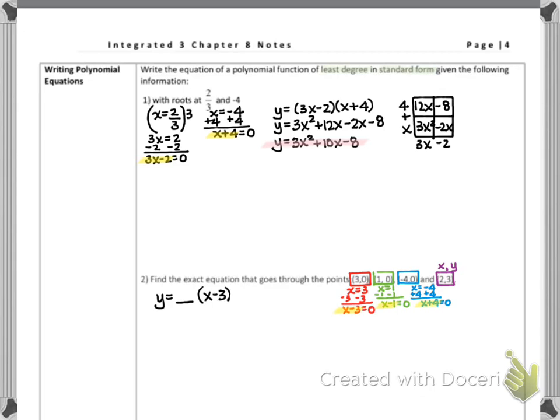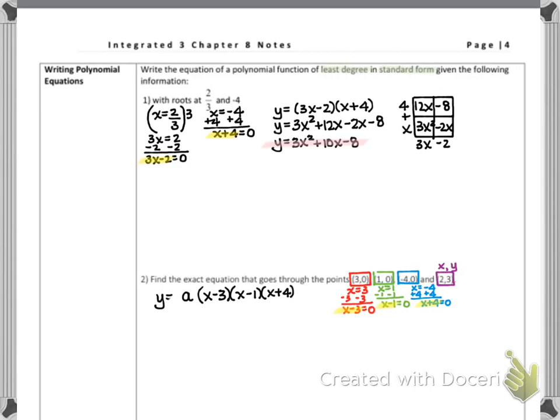So I had an x minus 3 from the first one, an x minus 1 from the second one, and the last one, not using the purple point because it's not an x-intercept, is x plus 4. Our leading coefficient has always been and will continue to be identified using the letter a. So in that blank spot, I'm going to put a lowercase a there. I don't know what it is, but I can find it if I use the purple point.